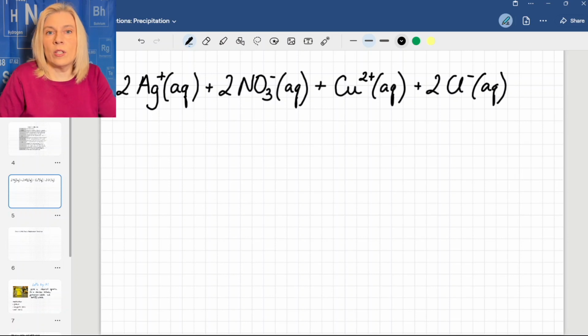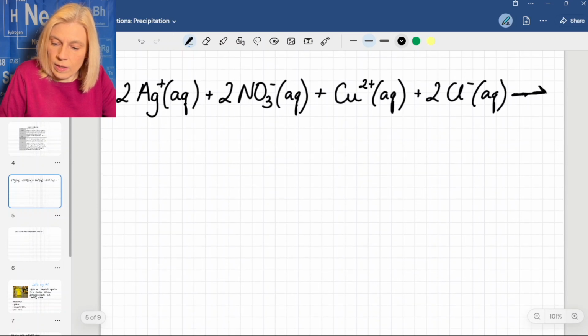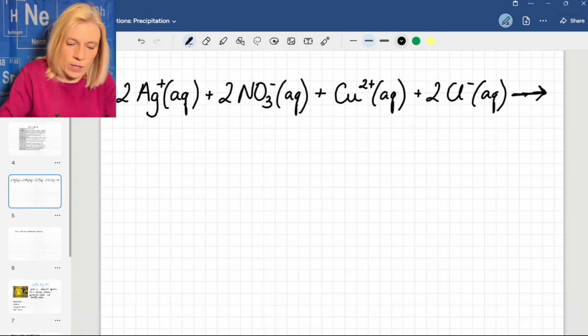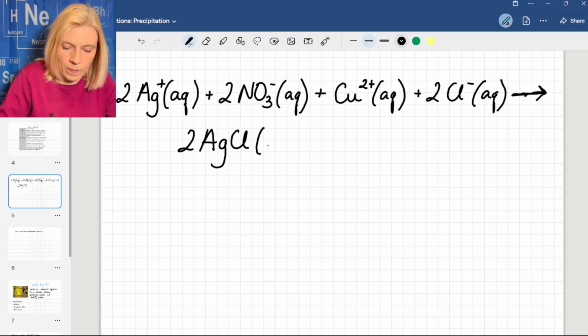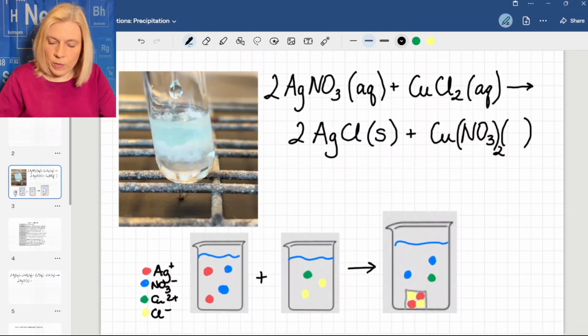So this right here is what happened in my 2 small beakers. And then which ones combined? What was my solid? Silver chloride was my solid. It formed silver chloride plus, well, what was swimming in my beaker? Copper and nitrate ions were swimming by themselves after the reaction.